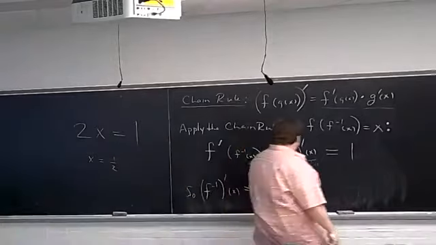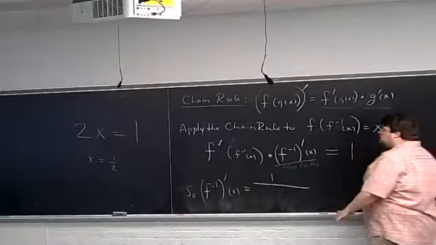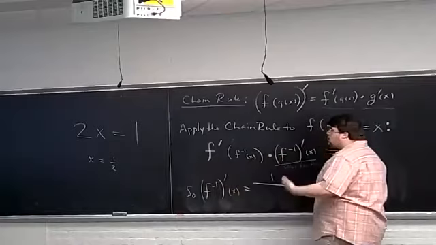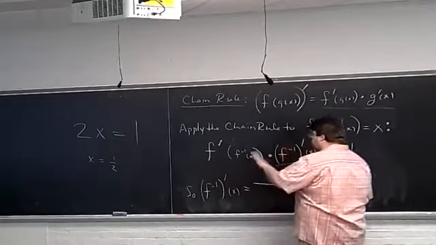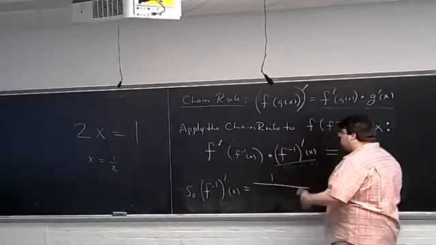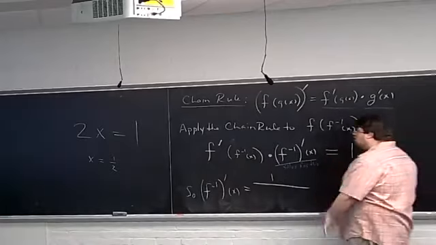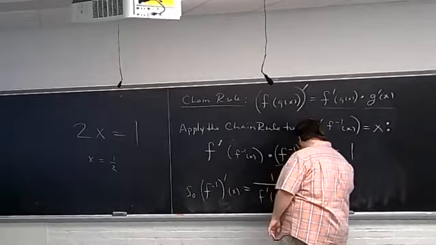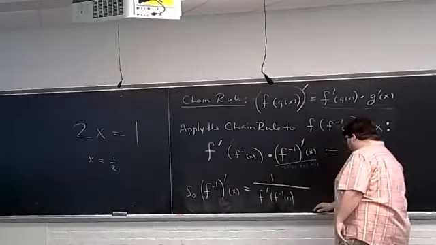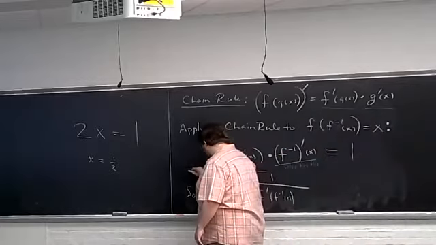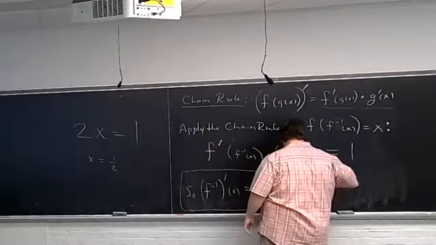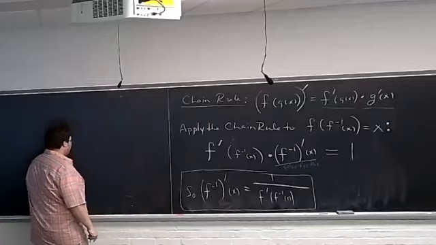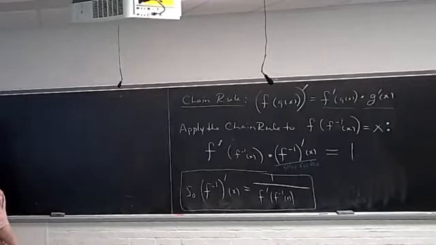If we want to solve for this blue underlined quantity and all of that mess is in the way, how do we solve? We divide by that quantity. Divide the left by that quantity, you get that. Divide the right by that quantity, you get 1 divided by f prime of f inverse of x. I'll put a square around this. Any questions about finding that formula?